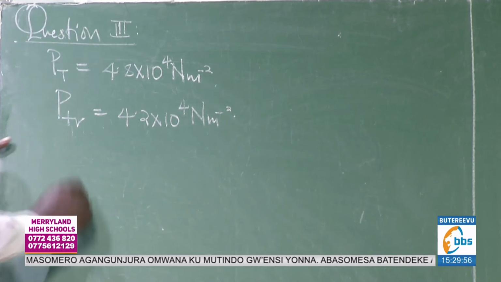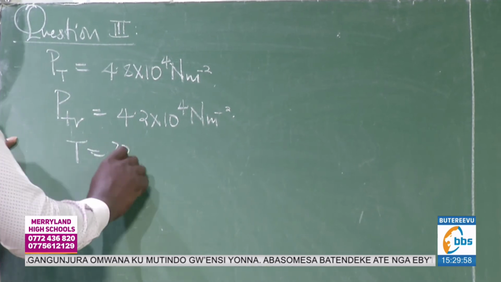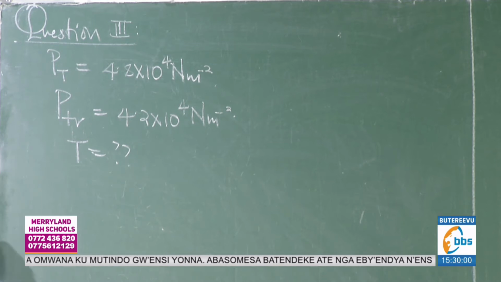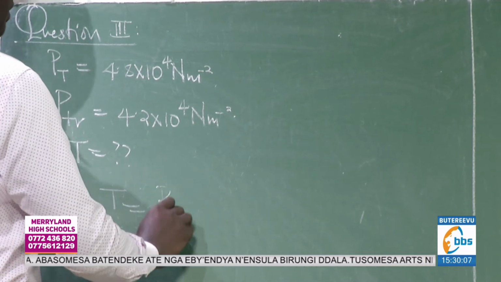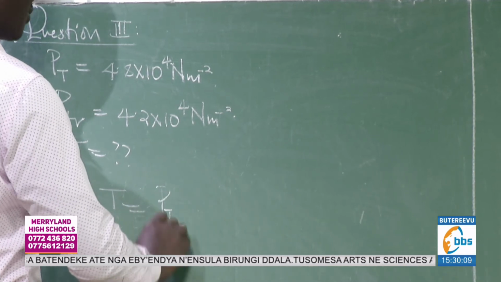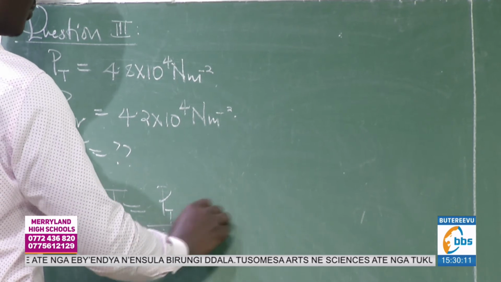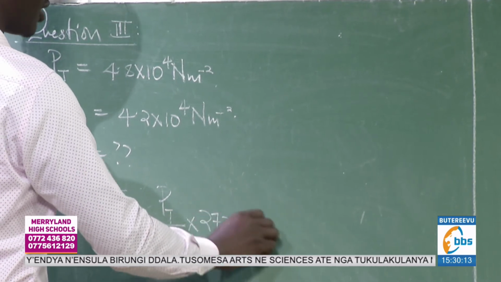So the question is, what is T? We saw that the unknown temperature on the Kelvin scale is defined as T equals thermometric property at the unknown temperature divided by thermometric property at the triple point, multiplied with the value 273.16 Kelvin.